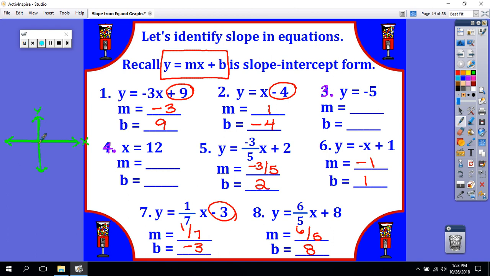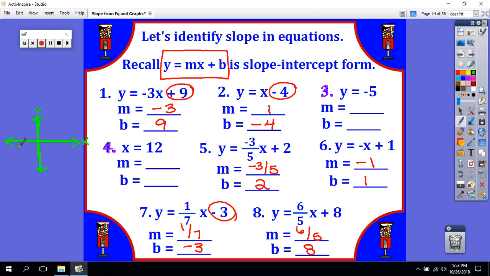All right, so the ones that we already did, numbers 1, 2, 5, 6, 7, and 8, they all had both letters x and y. So they're lines that cross both of those axes.